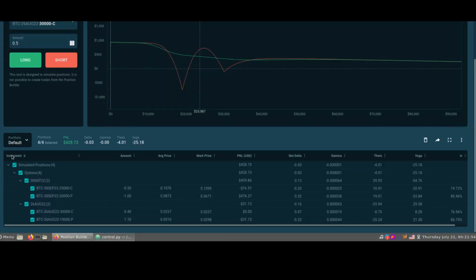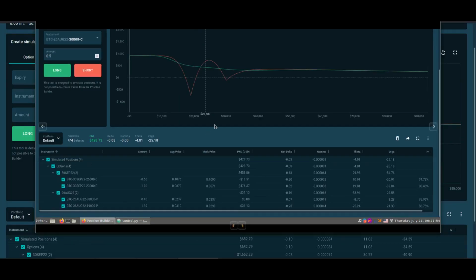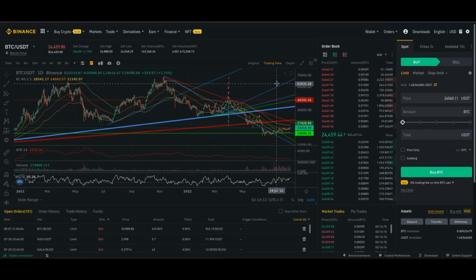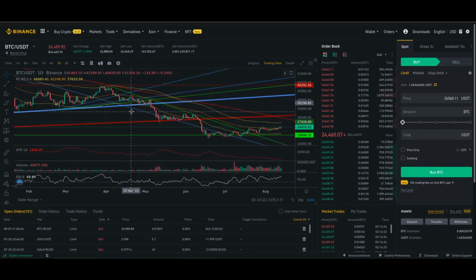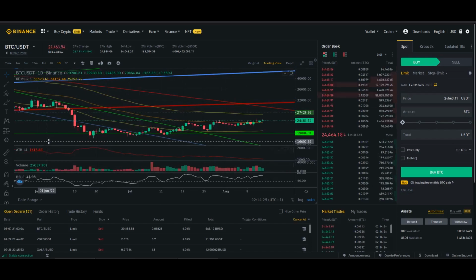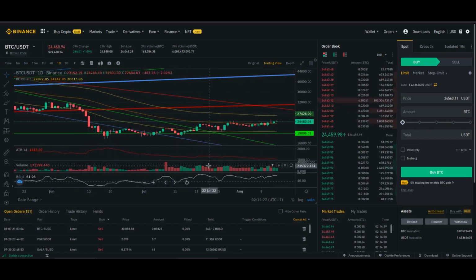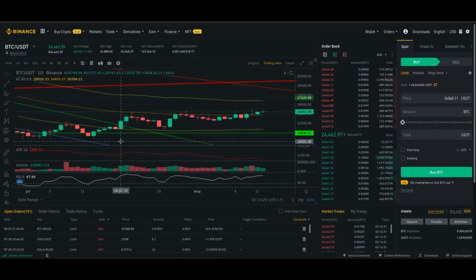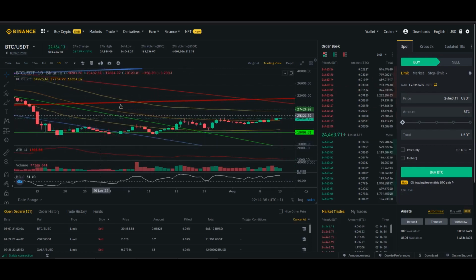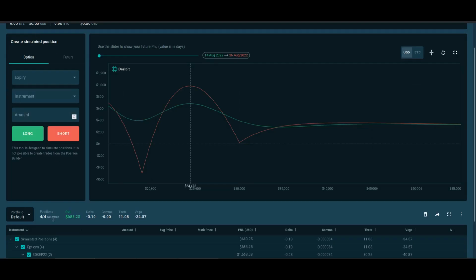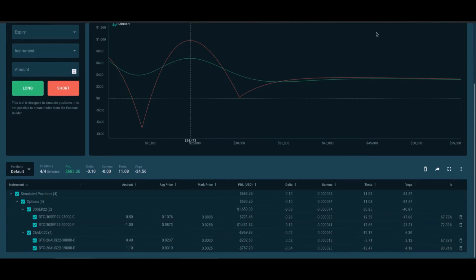So the logic was the following. Let's take a look at the Bitcoin chart. Let me switch to orders and history, and let's look at the 21st of July. This is the position of options on Bitcoin, BTC.